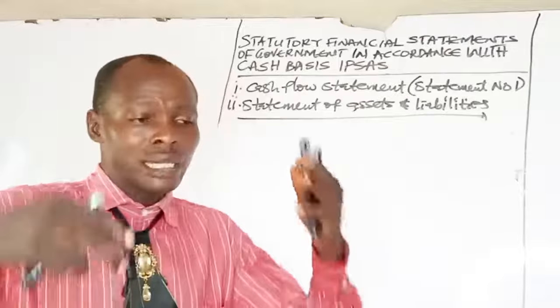Then after total assets, the next section is liabilities. I've told you that under the liabilities, you are going to have the various public funds, which include consolidated revenue funds balance, that of 2024 and 2023.